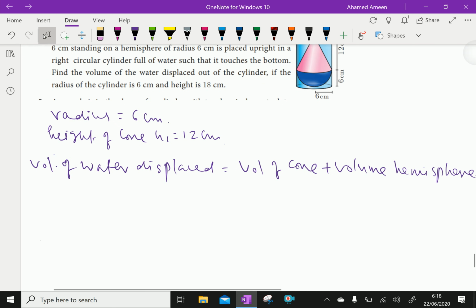Now we'll use this: volume of cone is 1 by 3 pi r squared h1 plus volume of hemisphere is 2 by 3 pi r cube.